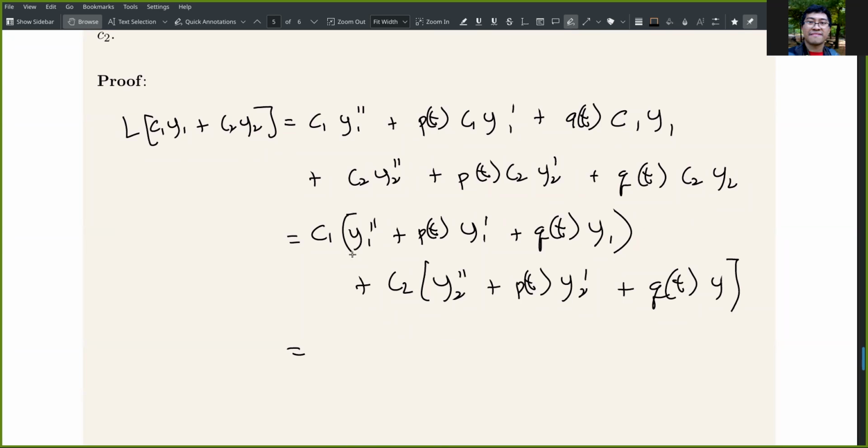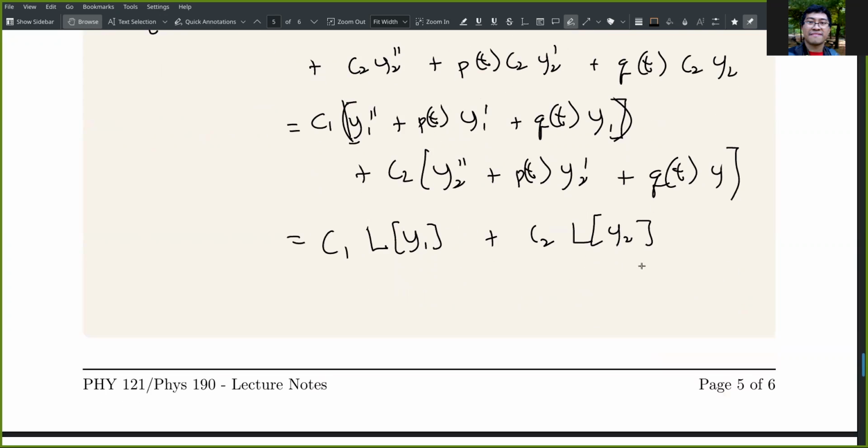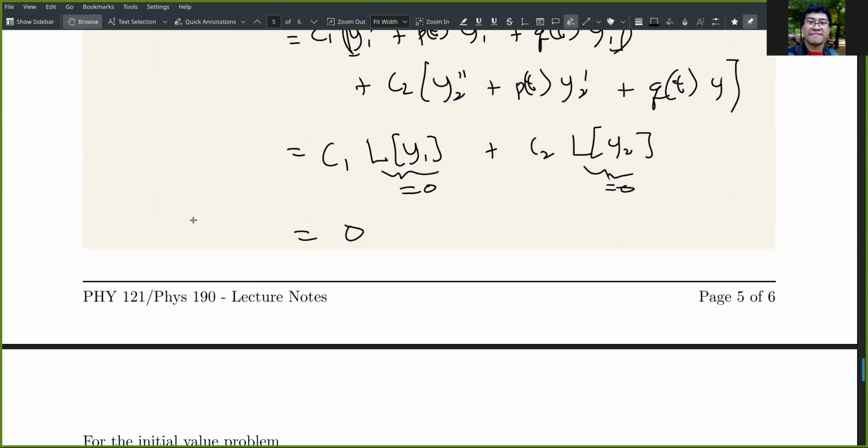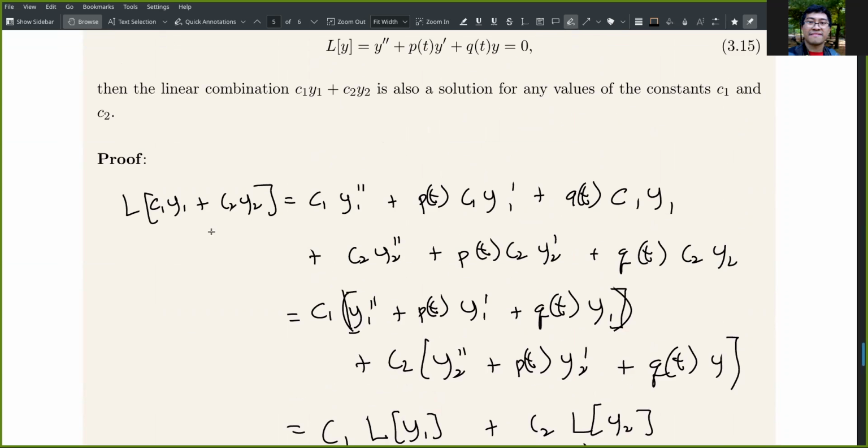Here this is supposed to be square brackets. Or we have C1 L applied to y1 plus C2 L applied to y2. Now these two are 0, hence we have shown that L applied to this superposition is 0, and the superposition is a solution.